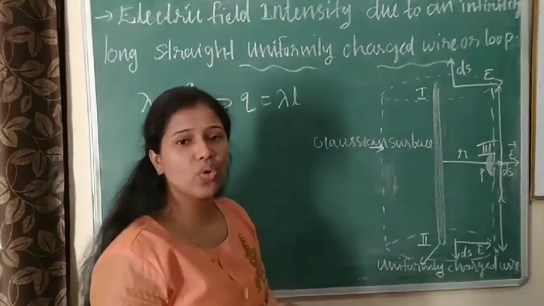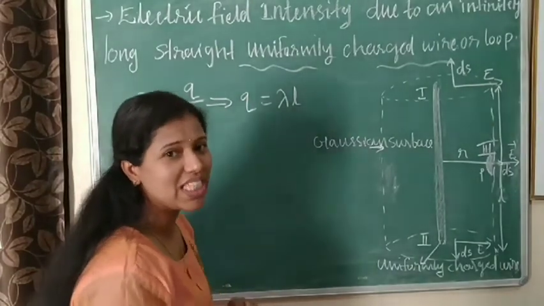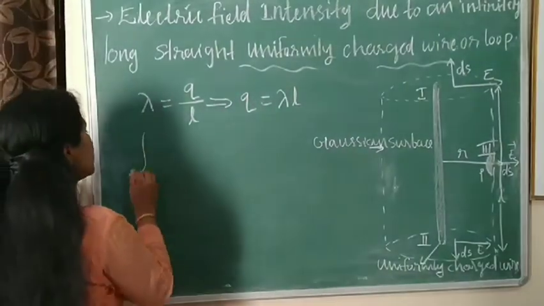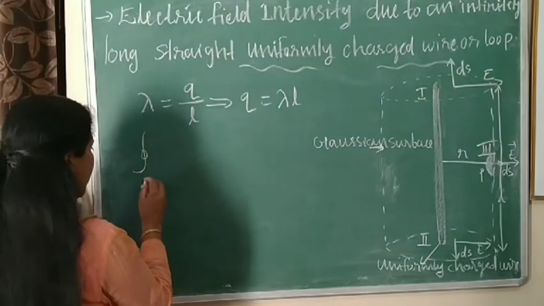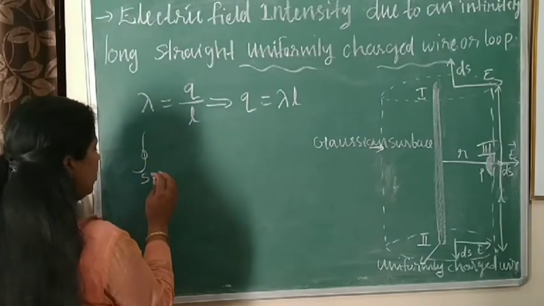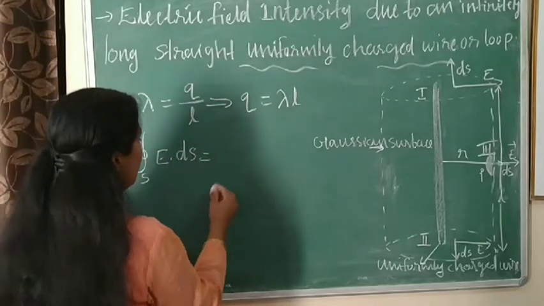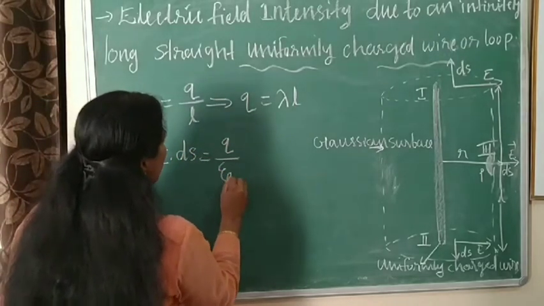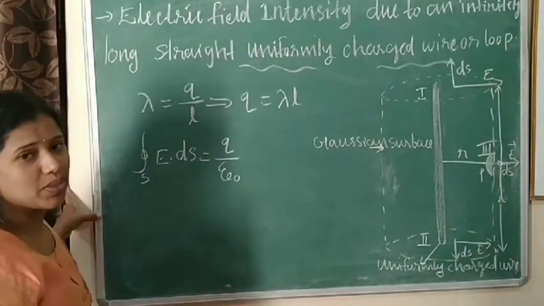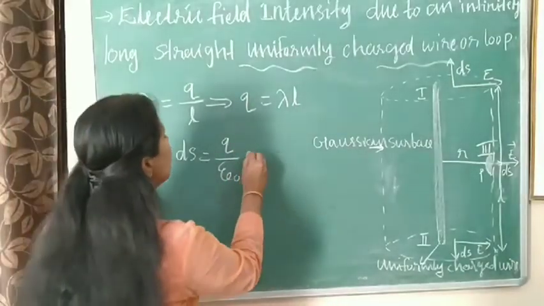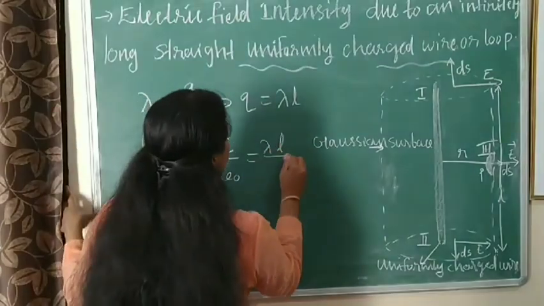Then by using Gauss theorem, the closed surface integral of E dot ds is equal to Q by epsilon naught. Instead of this Q we can write lambda L by epsilon naught.